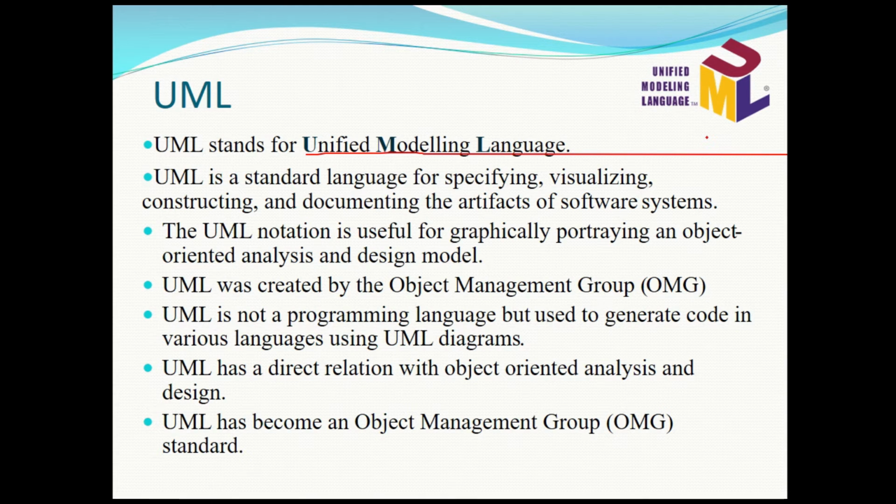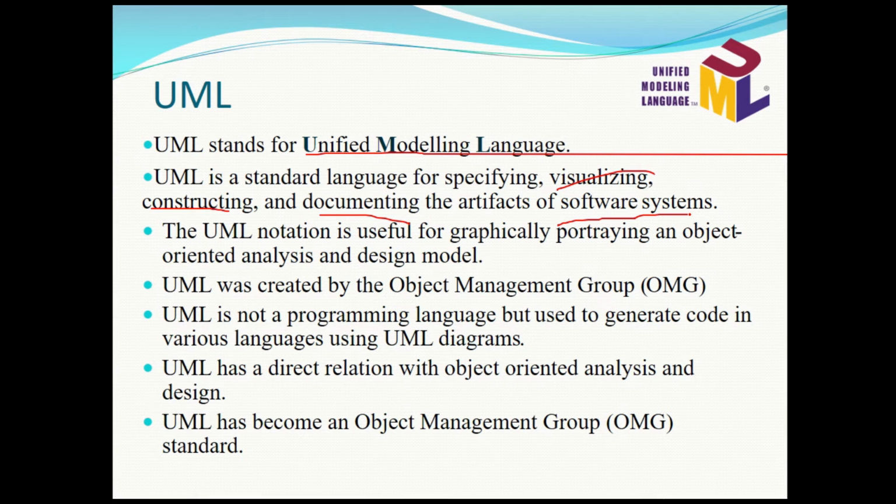So the main objective of using UML is to visualize, construct, and document any software system development. Now there is some notation in UML similar to what we have seen in other methodologies.